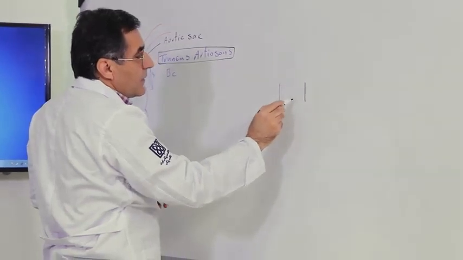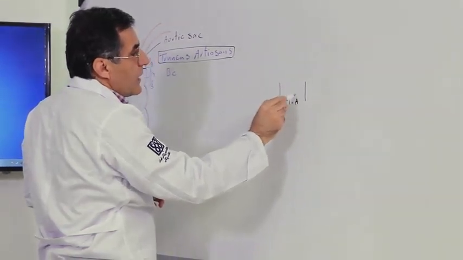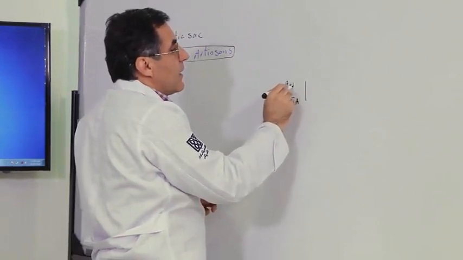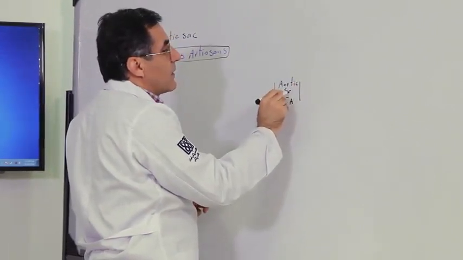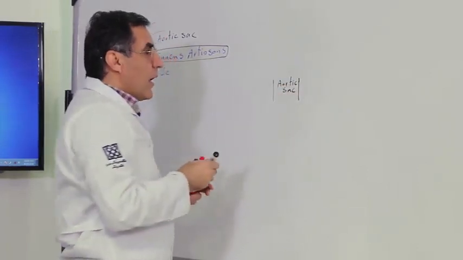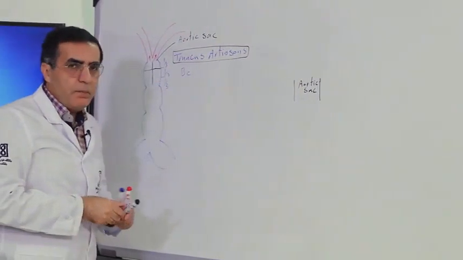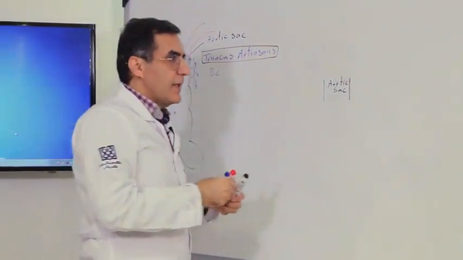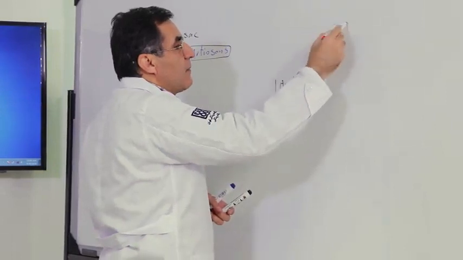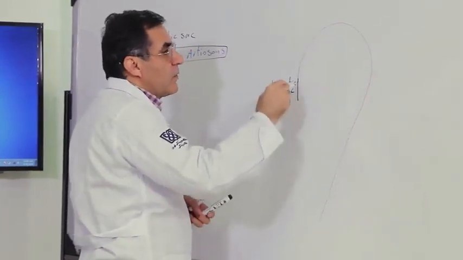This is the truncus arteriosus, and the uppermost, as I told, is the aortic sac. The aortic sac has two limbs or two horns, right and left, and from here some aortic arches are formed.